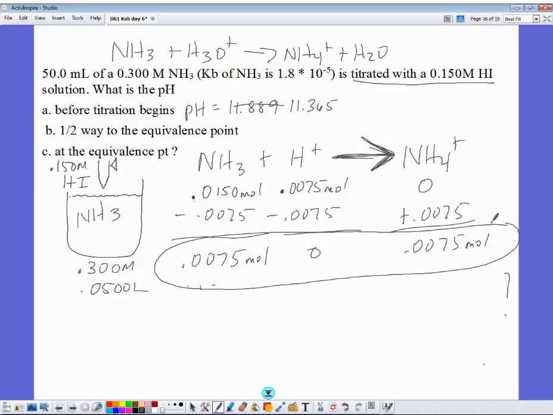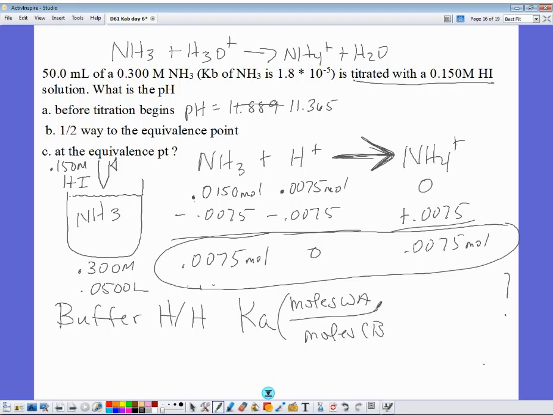What is true when you have a perfect buffer? Because anytime you have a buffer, you think HH. What is true, Mariah, when you have a perfect buffer? What's the HH tell me when I have a perfect buffer? Thank you. Because if I have a buffer, this needs to come to mind, HH: Ka times moles of weak acid over moles of conjugate base equals H plus.